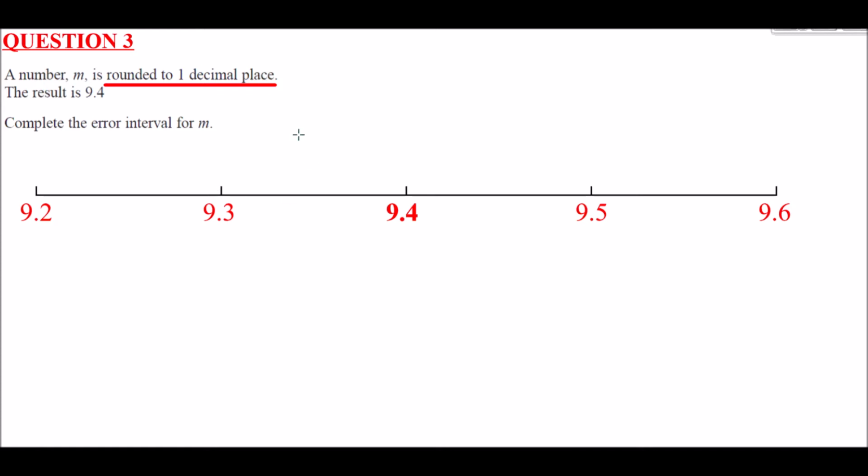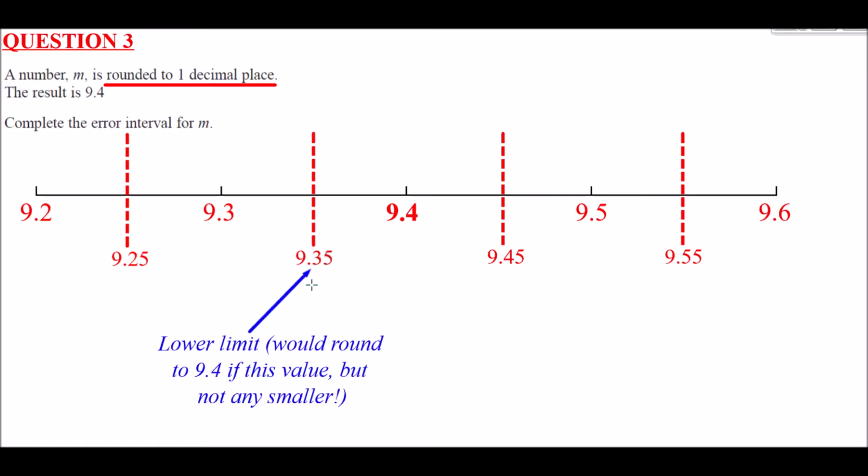So if we drew imaginary lines in between these one decimal place numbers, we can imagine that 9.4 would have to be between this line and that line. So in other words, m could not be any lower than 9.35. This is therefore the lower limit. If it were 9.35, it would round to 9.4, but not if it were any smaller. So it can be allowed to be 9.35.